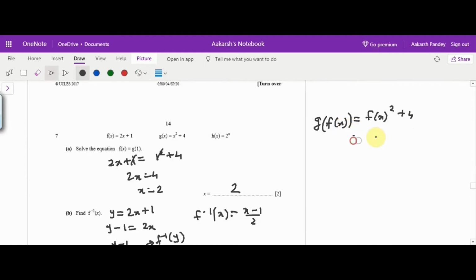So f of x is 2x plus 1 the whole square plus 4. So when I open this, I get 4x square plus 4x plus 1 plus 4, which is 4x square plus 4x plus 5.